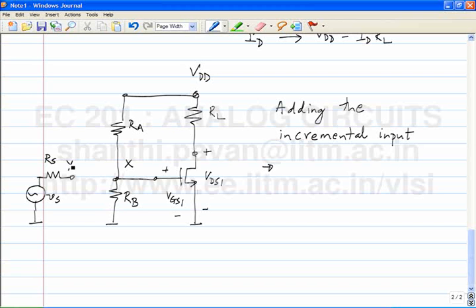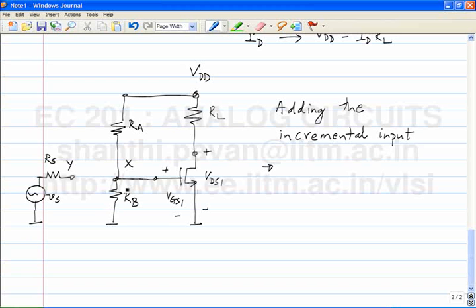Turning the argument upside down, why would I want no current to pass through RS? If no current passes through RS, then whatever current passes through RA will pass through RB, which means that the voltage at X will become VGS1, which is what you wanted, and that value is VDD times RB by RB plus RA. Is that clear?